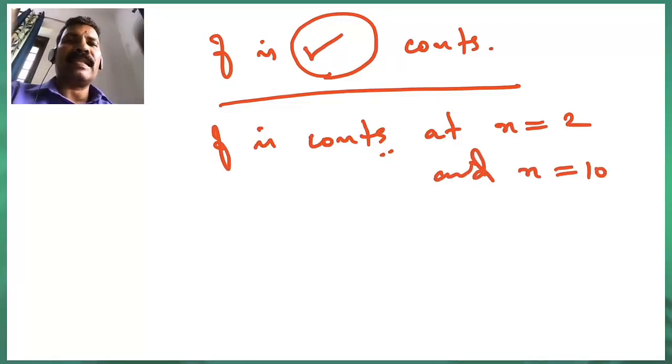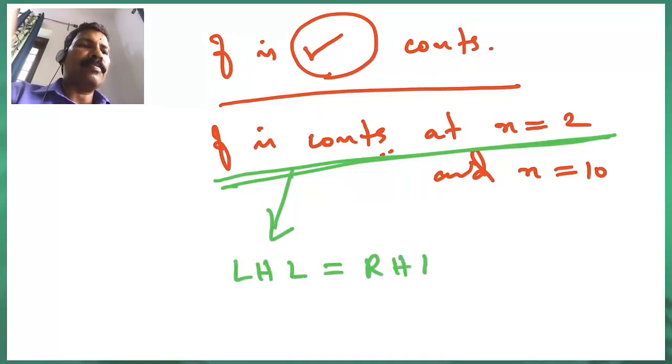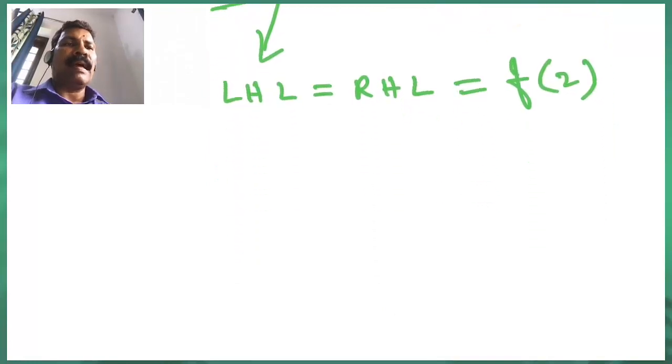When a function is continuous at x equal to 2, what do we mean by that? That is, left hand limit should be equal to right hand limit, which should be equal to the value of the function at that point, isn't it?